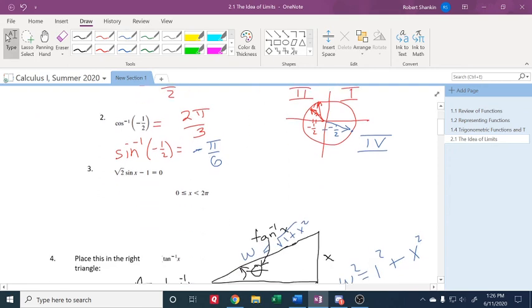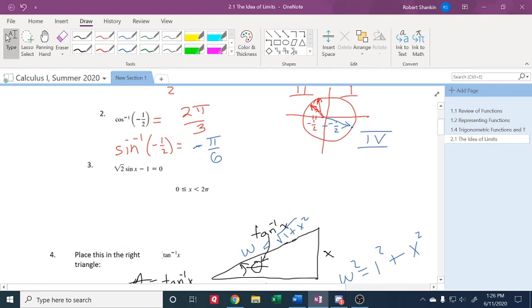All right, so let me have you go to number 3. These problems, I have to cut and paste from different portions, and that's why this doesn't look right next to this one. So there's the problem, and there's the restriction on the x. If x is between 0 and 2 pi, solve that equation.